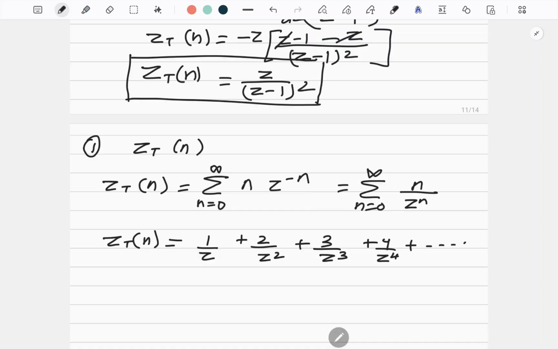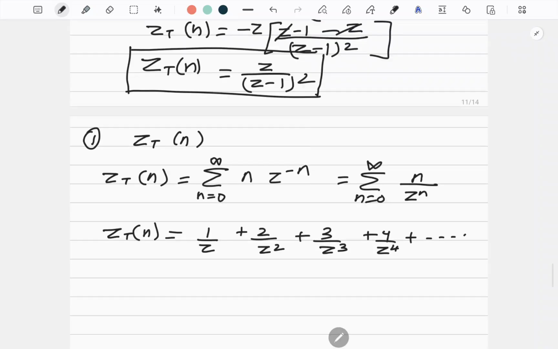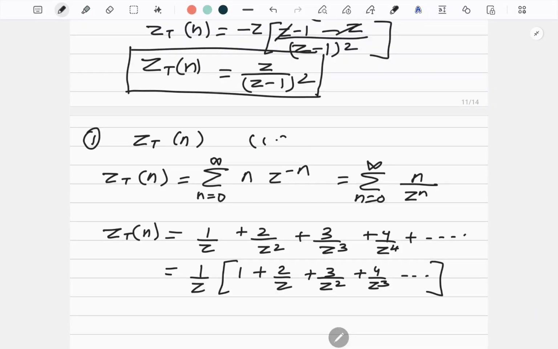And if you observe, in the first page I gave you a result. Okay, so now here what I can do, I will take 1 by z common. So I am left with 1 plus 2 by z plus 3 by z square plus 4 by z cube dash dash dash. Now if you observe, in the beginning I gave you one formula, 1 minus x to the power minus 2 is equal to 1 plus 2x plus 3x square plus 4x cube dash dash dash.